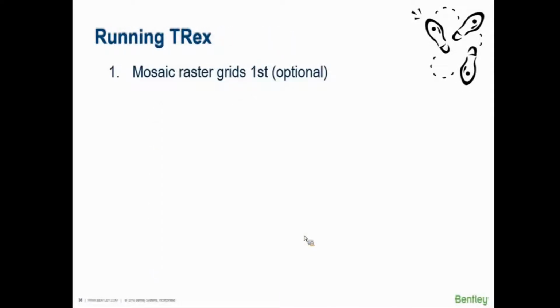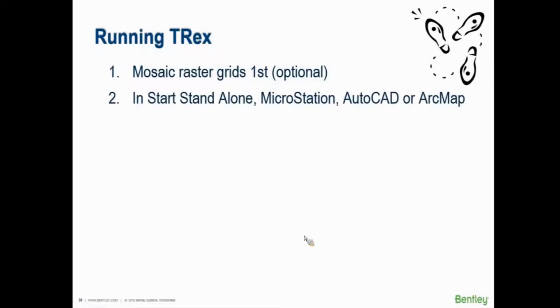Running TRex, mosaic any rasters or your DEMs together. And standalone, you can do this in standalone MicroStation. It's available in all of them. Know your spatial reference, because your digital elevation model has to have the spatial reference that's relative to the model. If you just start drawing the model in standalone, irrespective of spatial reference, your DEM is going to be coming in somewhere, but probably not where your model is.